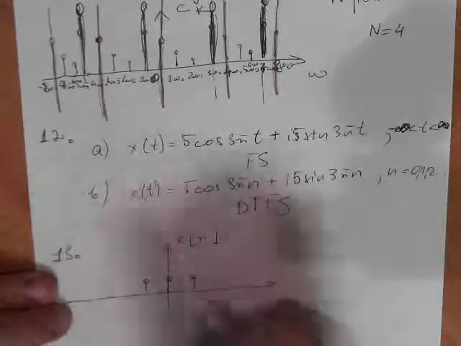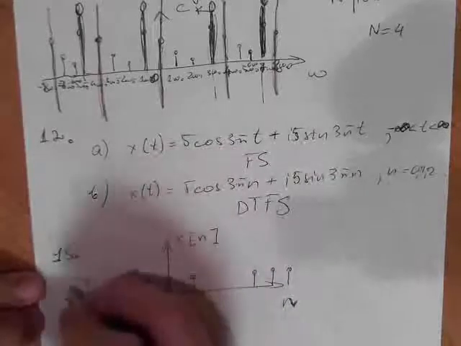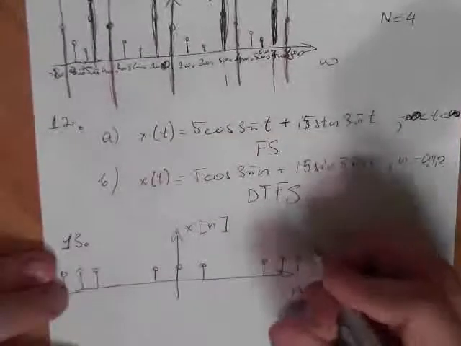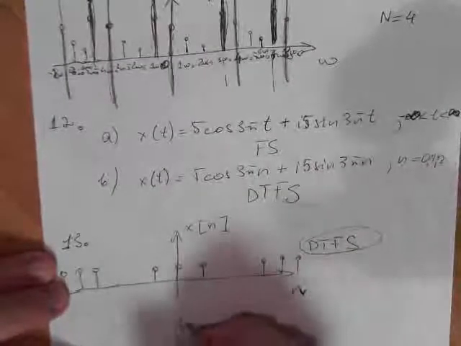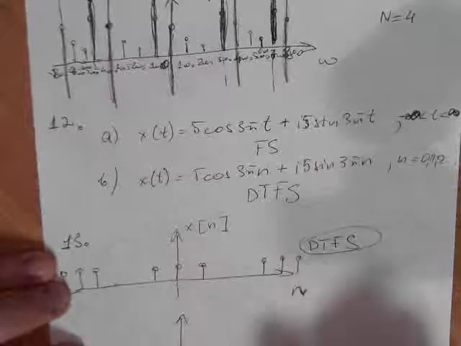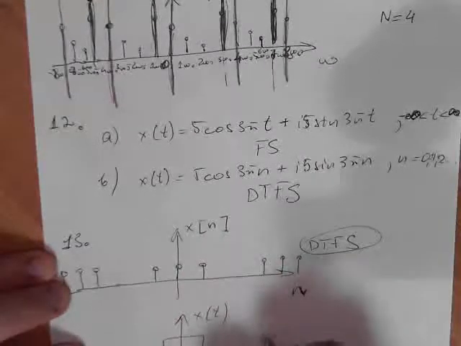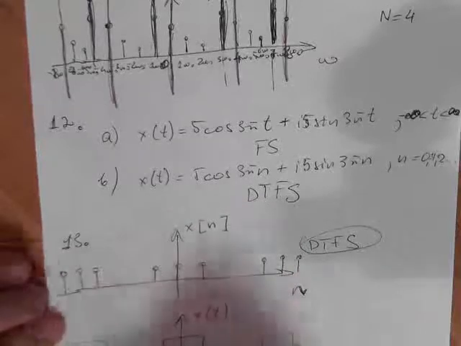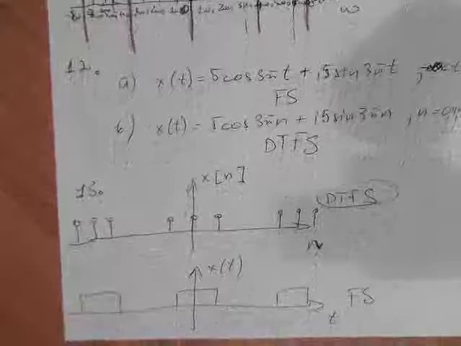If you see a signal like this, repeating, a periodic discrete signal, then we use DTFS for it. If you see a signal with t and x(t), a continuous function like this, then it is Fourier series.